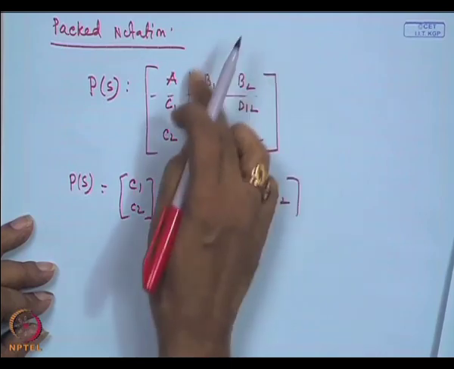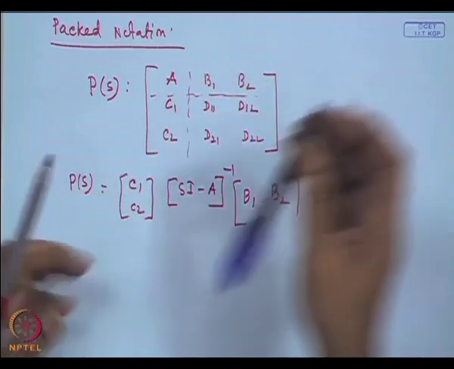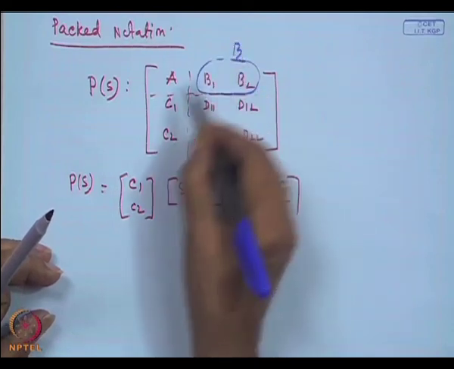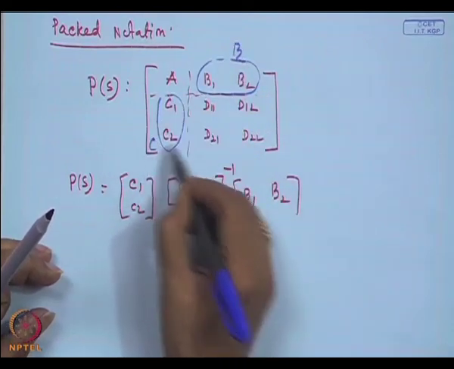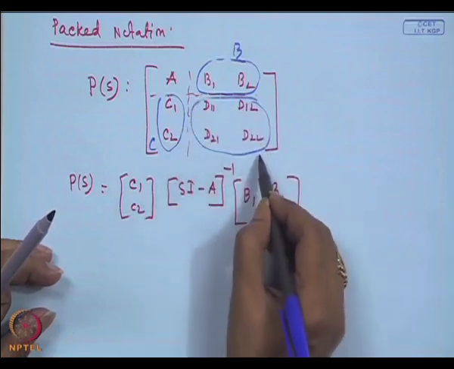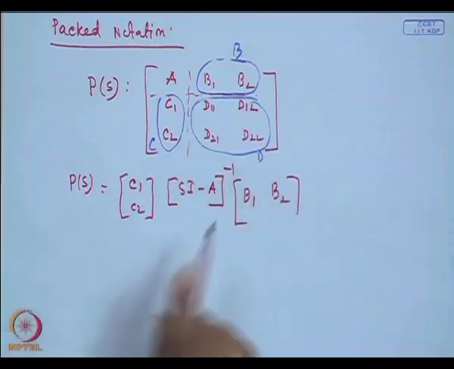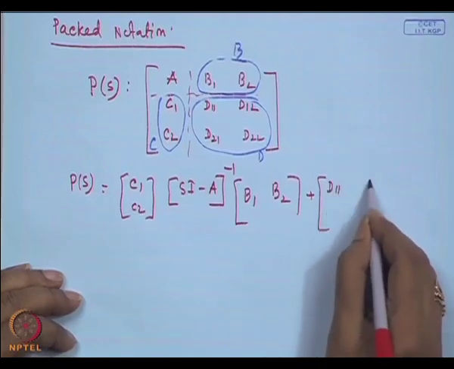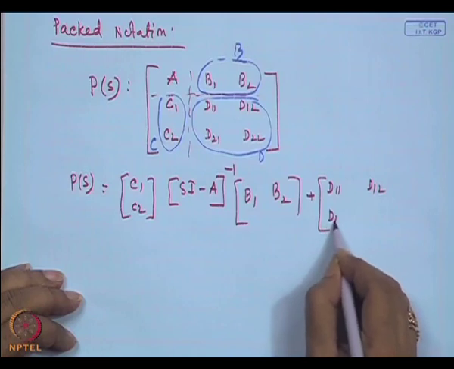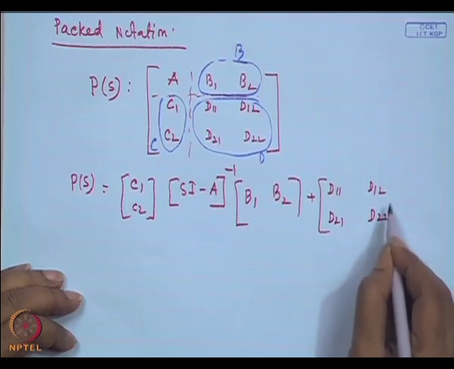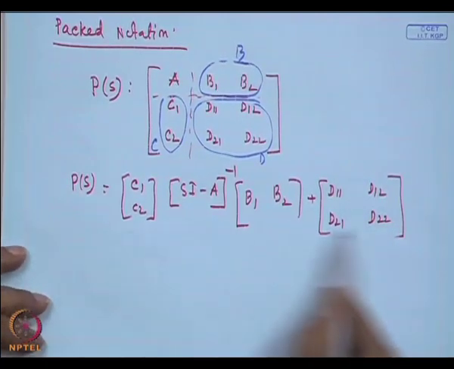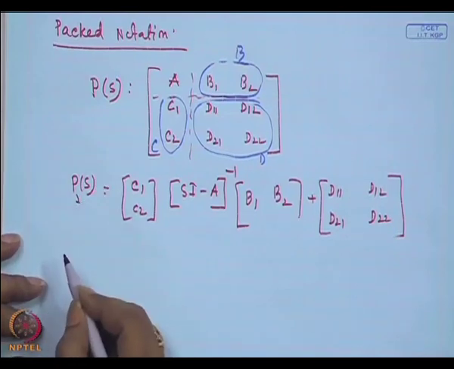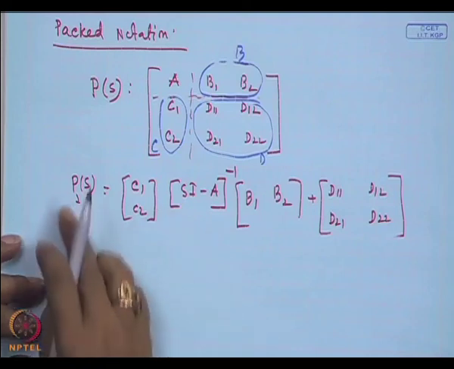If you compare with the other case, this is B, this is C, and this is D. Then plus our D, which is D 1 1, D 1 2, D 2 1, D 2 2. Agree? So, this is our transfer function matrix, and you can find out its dimension.